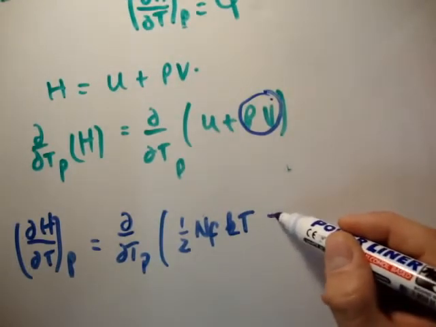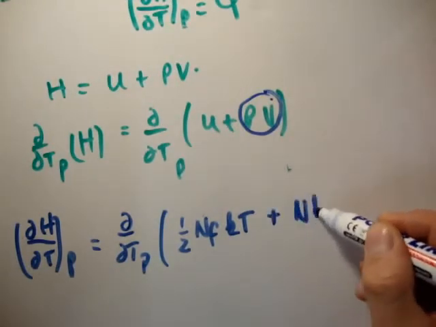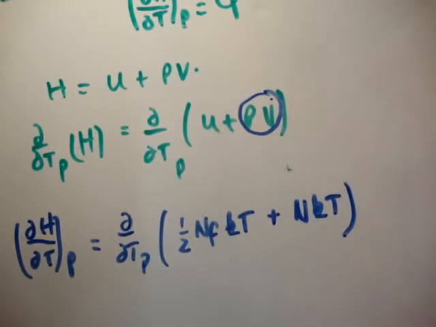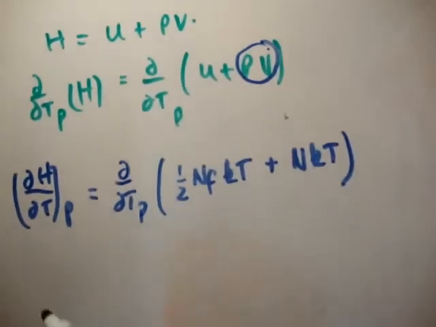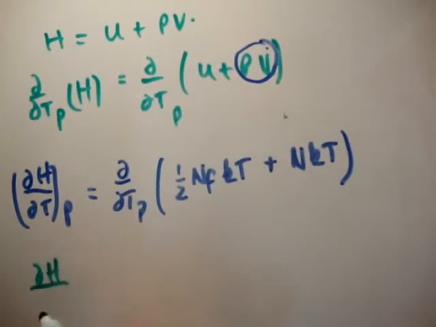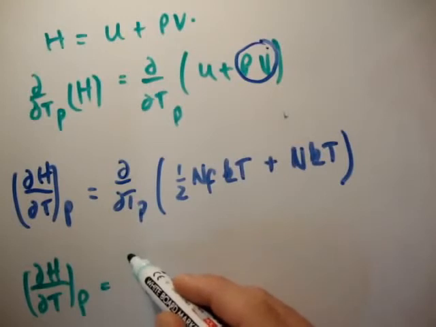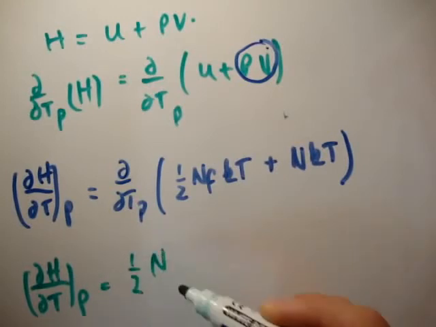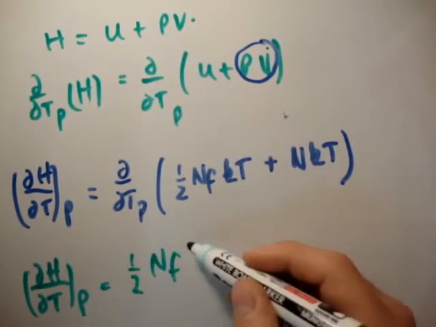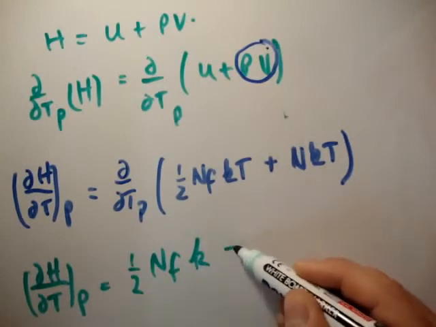PV is equal to NKT. We know that. So let's just do the derivative. So del H del T, at constant pressure is equal to 1/2 the number of molecules times the number of degrees of freedom times Boltzmann constant plus NK.